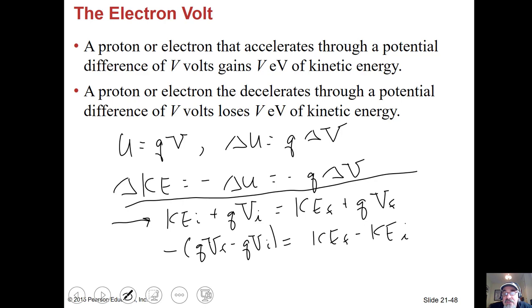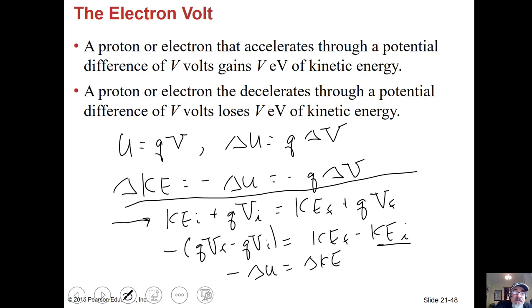Now I put the initial kinetic energy on the right hand side of the formula, and I put Q V final on the left hand side. I wrote it like this. Check it out, it's the same thing if you multiply the negative sign through. This is minus delta U, and then this is the change in kinetic energy.